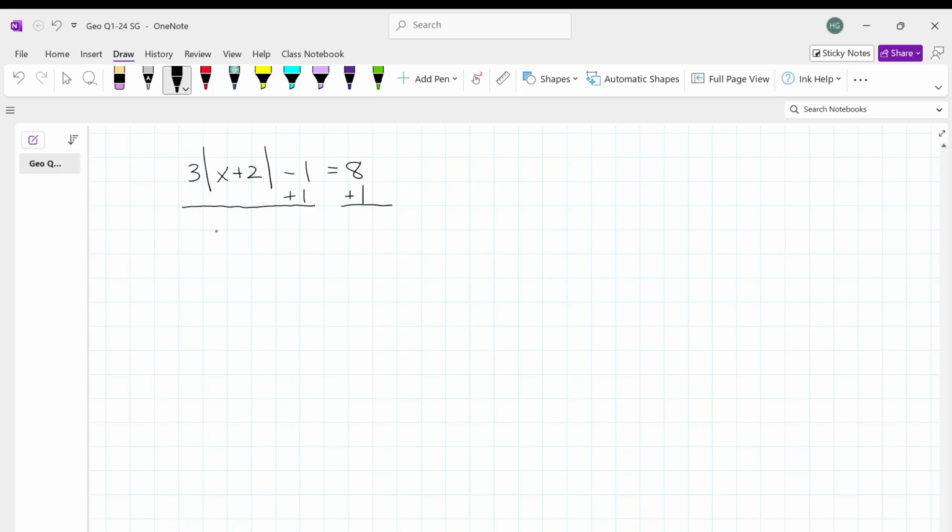On the left-hand side, we now have 3 times the absolute value of x plus 2 equals 9. The next step would be to divide both sides by 3. So we're left with the absolute value of x plus 2 equal to 3.